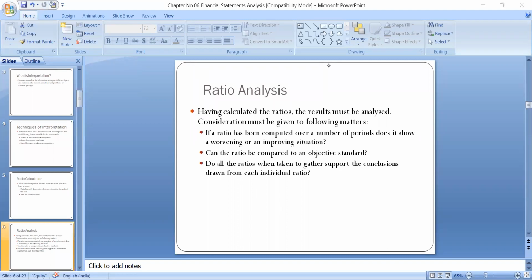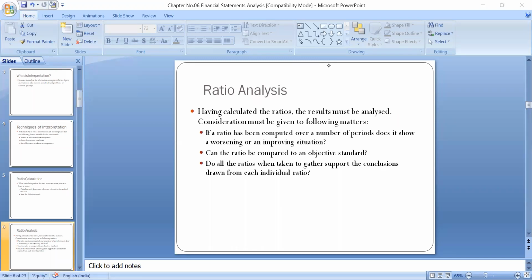तो रेशियो एनालिसिस में जब हमने रेशियोज कैलकुलेट की हुई हैं, अगर हमने पीरियड के बेस के ऊपर रेशियोज कैलकुलेट की हुई हैं, मतलब ये है कि हमने पिछले 3 साल की रेशियोज निकाल ली हैं. तो जब हम इन 3 साल की रेशियोज को आपस में कंपेयर करेंगे, 2017 में क्या पोजीशन थी, 2018 में क्या थी, 2019 में क्या थी, we can compare these ratios and we can easily know whether the organization is going good or bad.